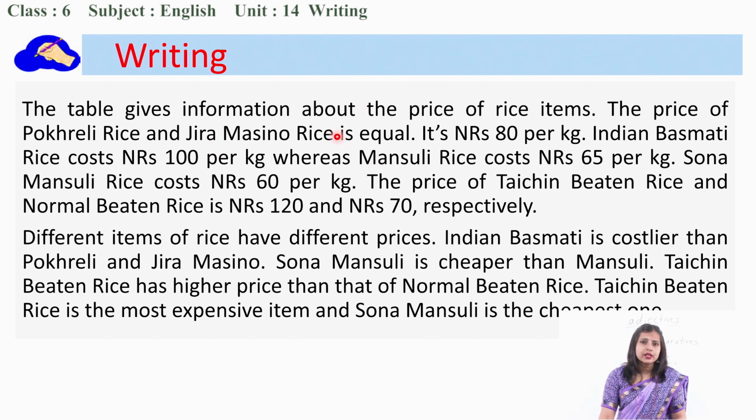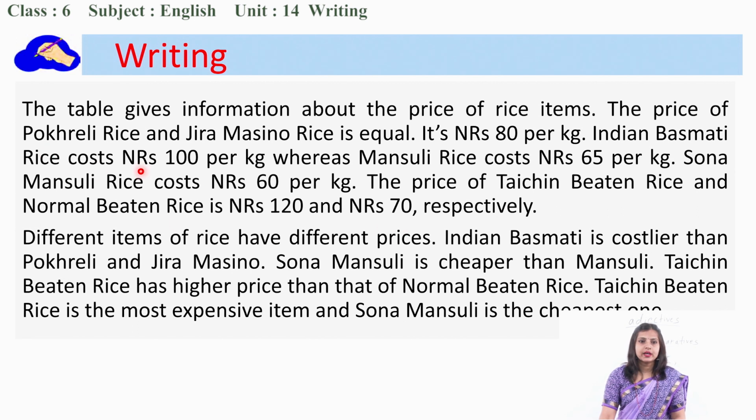Yes, what is the price of these two items? It is equal, that is NRS 80 per kg. Both Pokhreli rice and Jira Masino rice cost 80 rupees per kg.